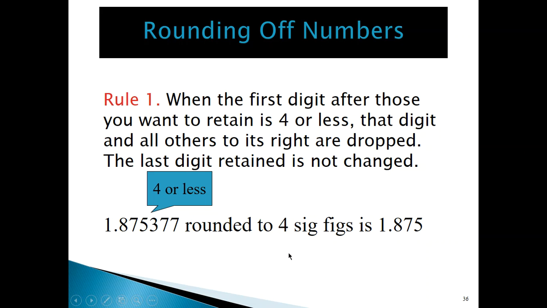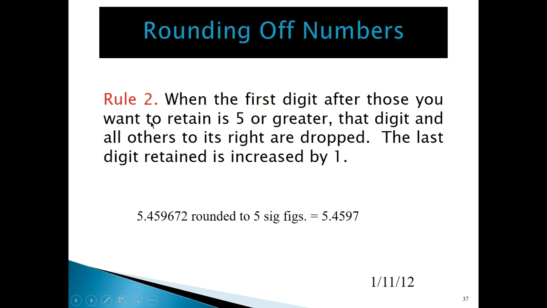Now rule 2 is slightly different. Rule 2 says when the first digit after those you want to retain is 5 or greater, then that digit and all others to its right are dropped, and the last digit retained is increased by 1. And here's an example of this. So let's say you want to round off this number to 5 significant figures, which means that 1, 2, 3, 4, 5, we need to drop this 7 and we need to drop this 2.